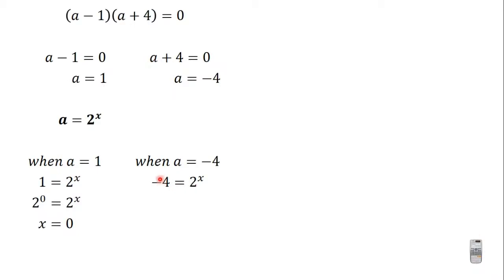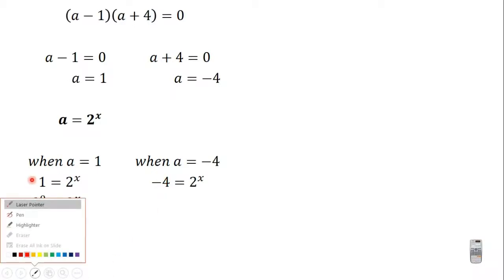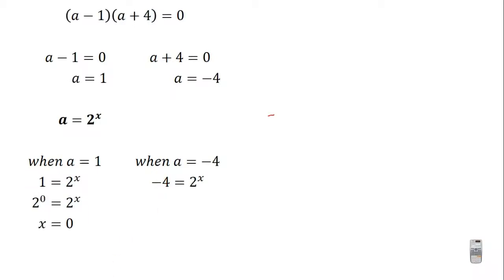But we can't express -4 in index form such that it has a base of 2. Remember that -4 is not equal to 2. If you express -4 in exponent form, we are going to have -2 exponent 2, but the expression here is -4 is equal to 2 exponent x. So we are going to have -2 exponent 2 is equal to 2 exponent x.